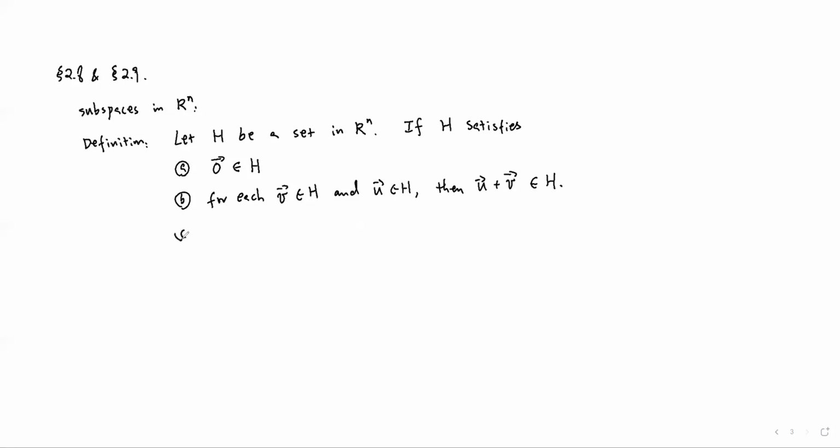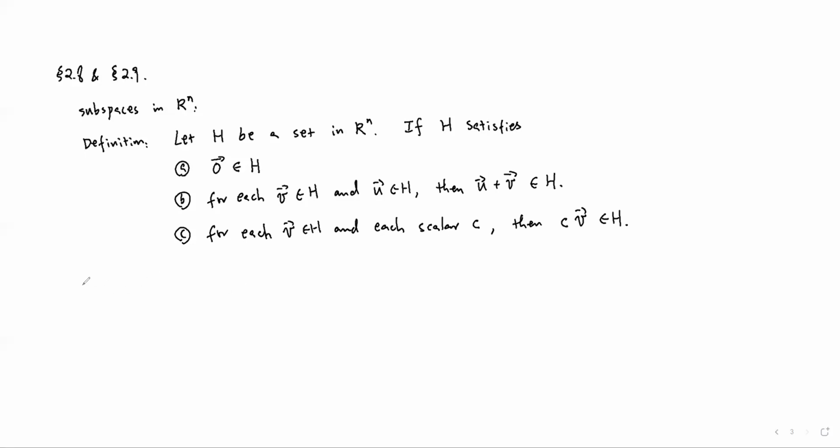Now C, H is closed under scalar multiplication. For each vector v from H and each scalar c, then c times v should be in H. This is the definition of a subspace.